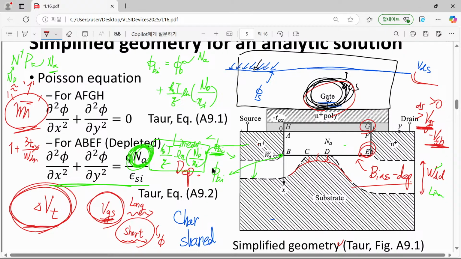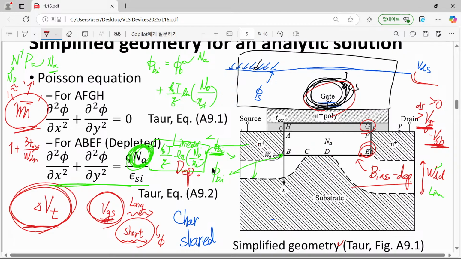And if we have a lower gate bias, then we will have a lower or shorter depletion layer. So the vertical position of this C and D is actually determined by the gate bias. So we never exactly know where C and D are.